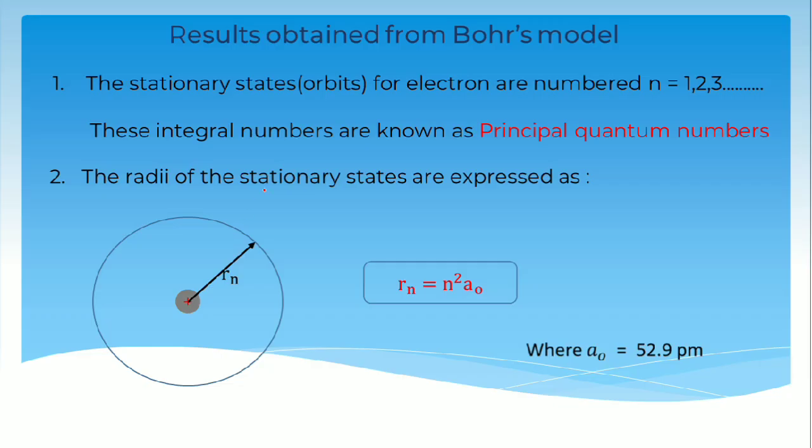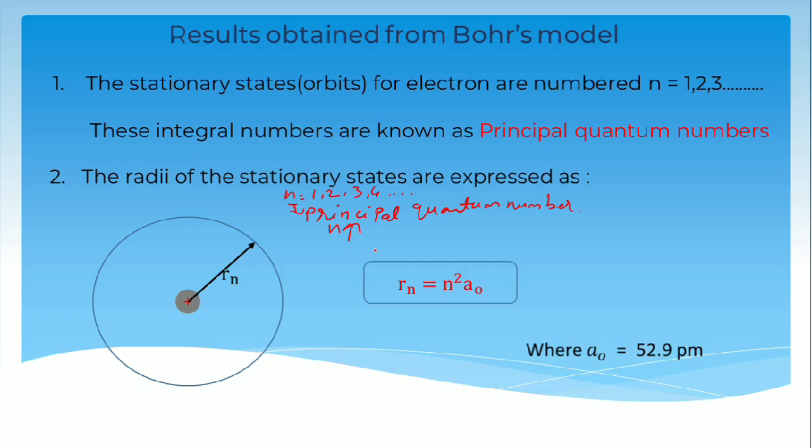These orbits are represented by n equals 1, 2, 3, 4 and so on. This value n is called the principal quantum number.